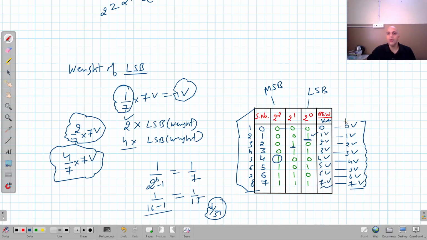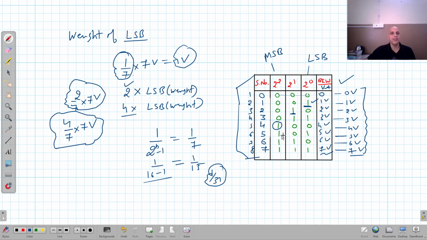Now you can see how this binary equivalent bit voltage is generated. It is generated by keeping in mind how the 1 at LSB is affecting the output, right? So this is the way of writing down the weights of different bits.